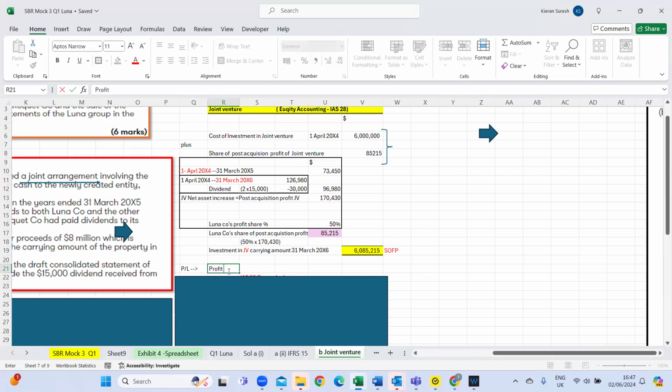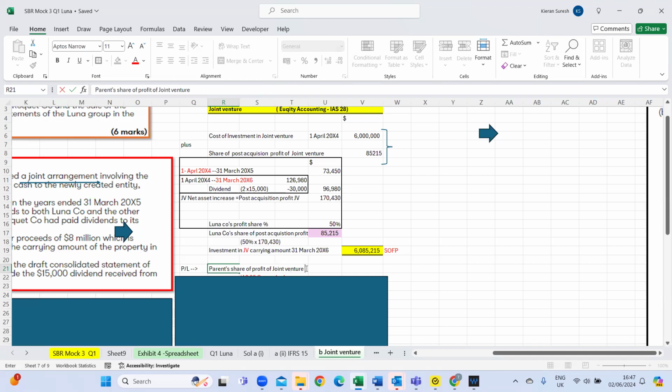It's not profit, it's share of profits. Parent's share of profits would be a much better way. We would say parent's share of profit of joint venture.